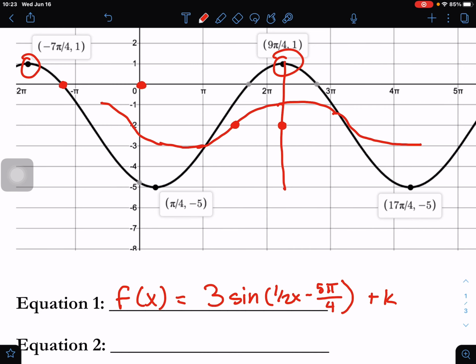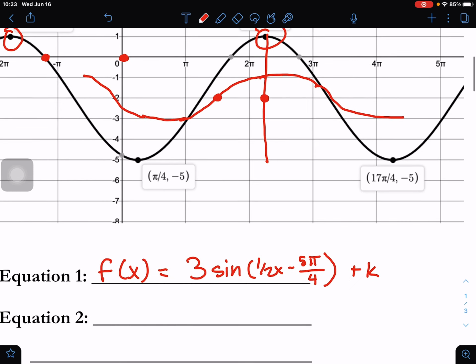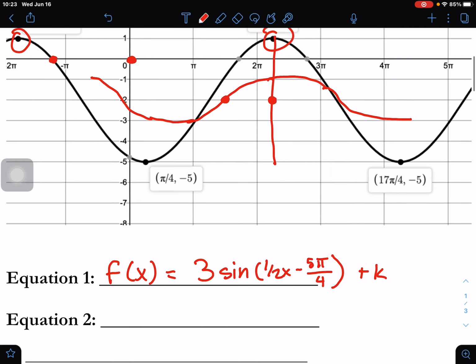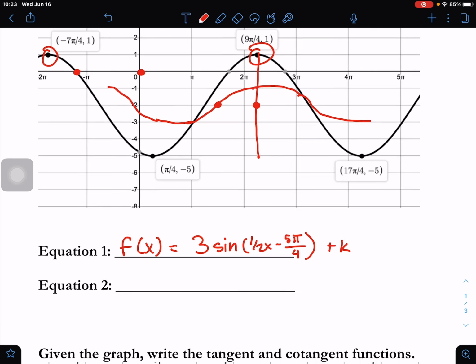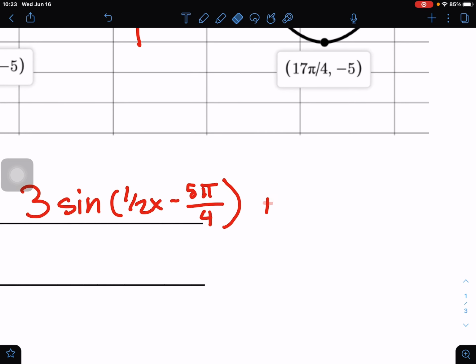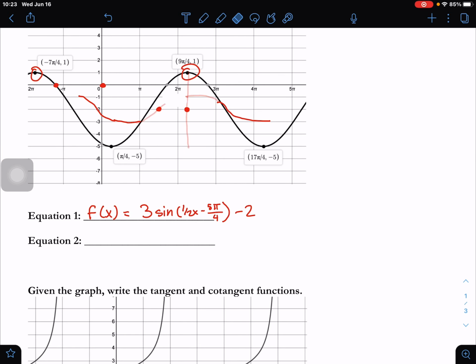So I mean that this is a shift down of 2. So this is our sine function. Now let's just erase all of this.